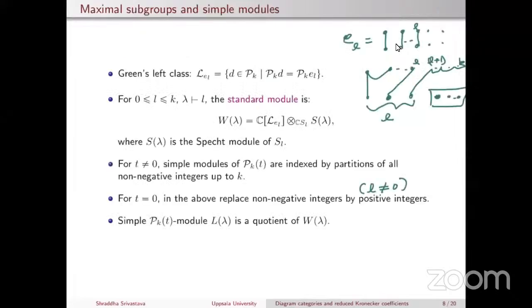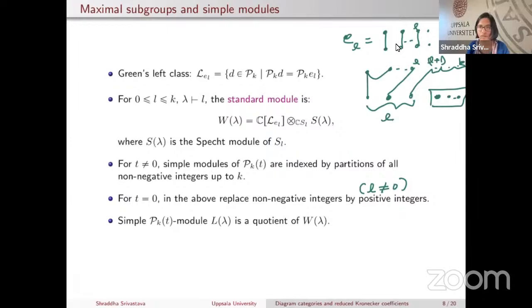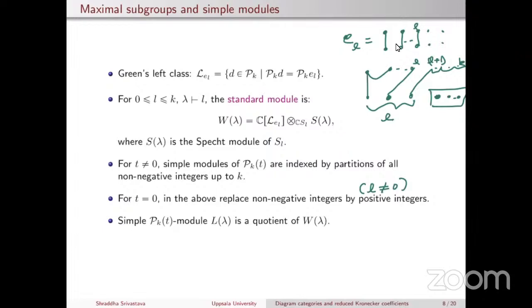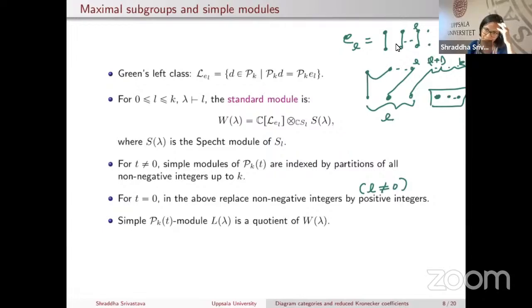Could you go back one slide, please? In the case t is non-zero, W lambda itself is not irreducible. I mean, W lambda could be reducible, but it could not; it depends on the bilinear form.